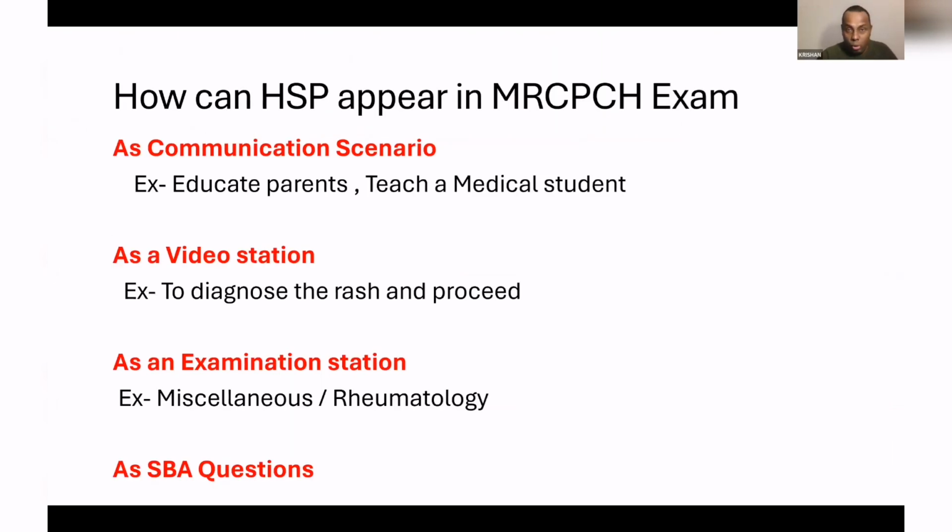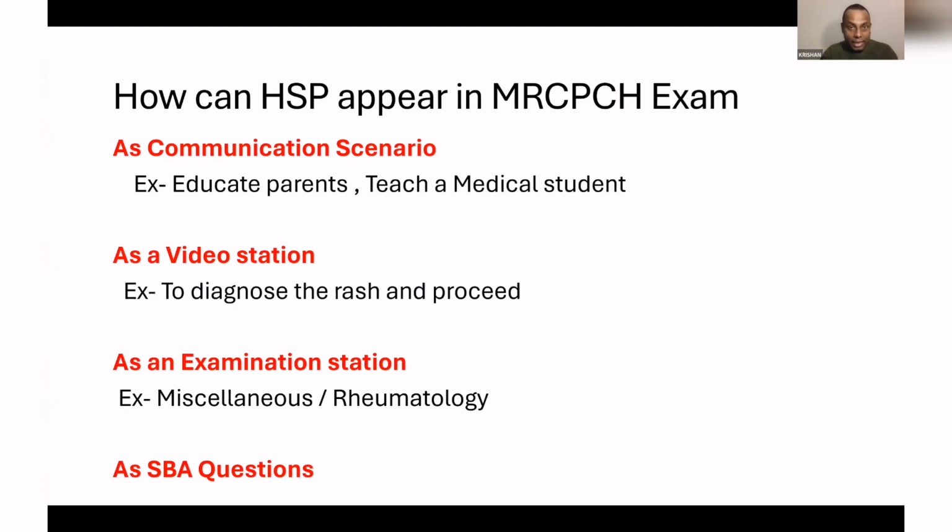Now, if you have not done theory, MRCPCH theory part, you might get this as a theory scenario, right? So if you look at this one, SBA questions, you might get a question. A 10-year-old child presented with a history of cough and cold 1 week ago and now presenting with a rash.